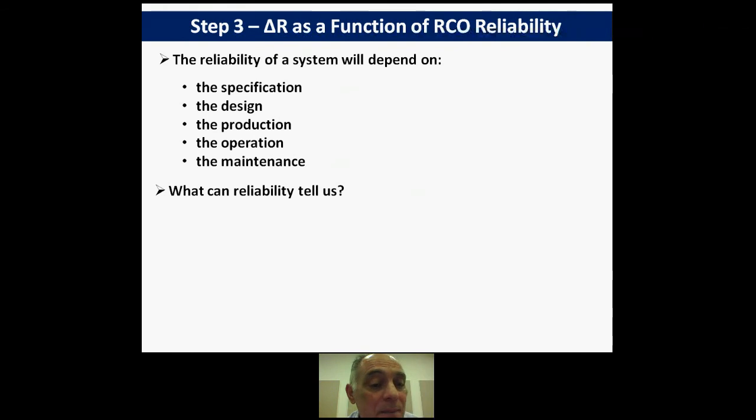We might have a good design, but then when we are about to produce it, we don't do it according to the design. So we get production errors, construction errors, in other words, and then the most obvious are faults which occur during operation or during maintenance, or faults which depend on the maintenance level we apply.